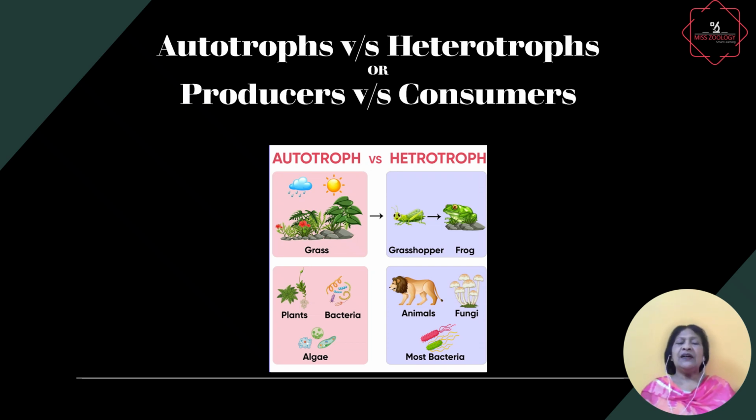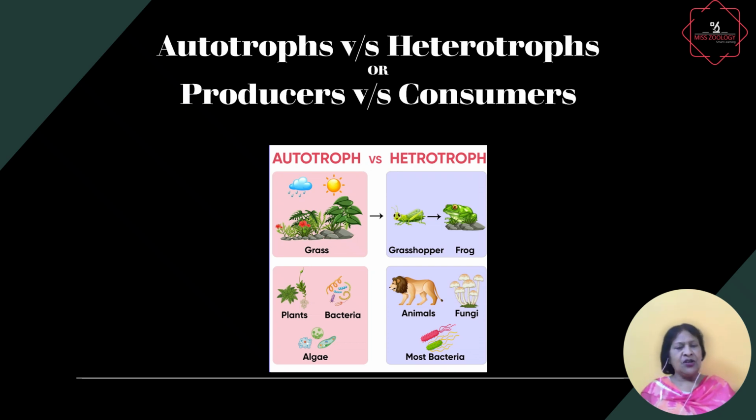So, if we are going to differentiate between autotrophs versus heterotrophs, the first point would be on its photosynthesis. So autotrophs can perform photosynthesis.